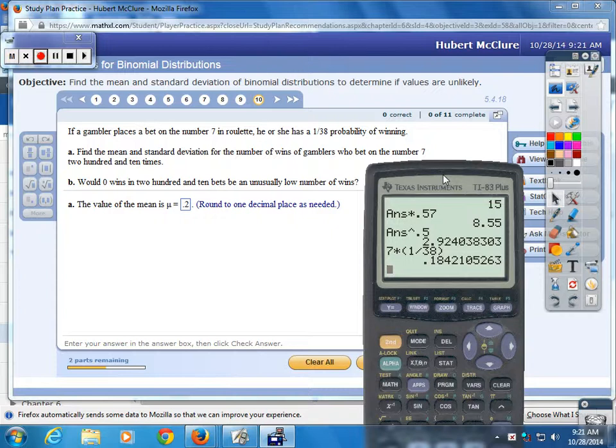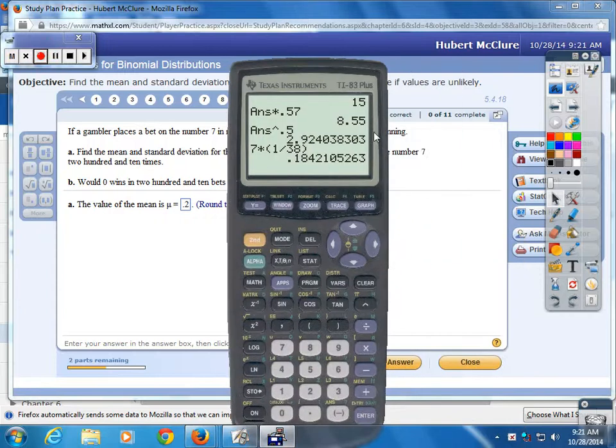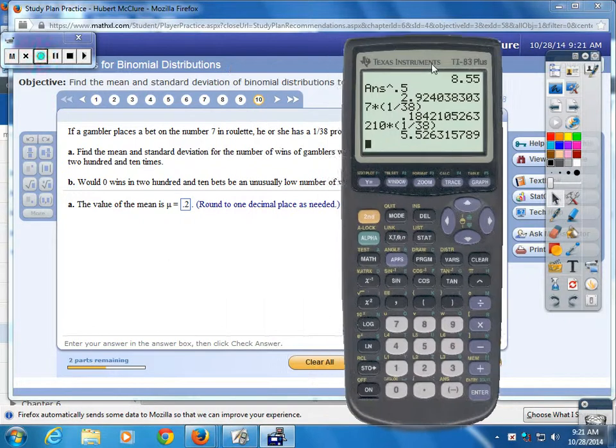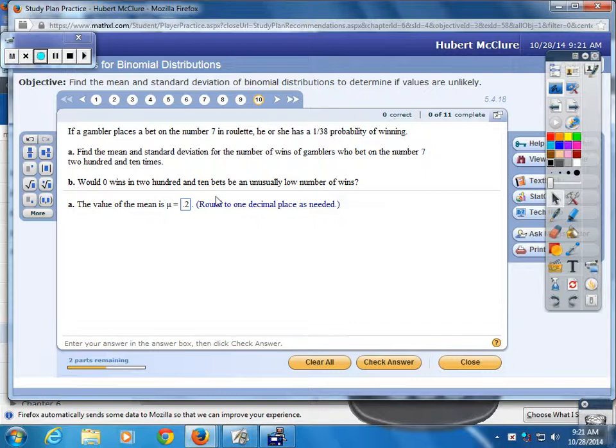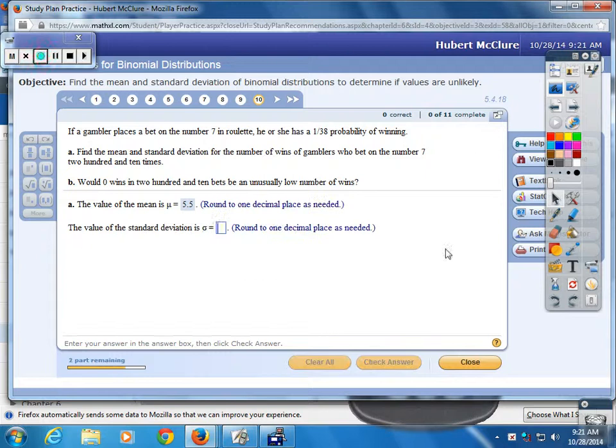I'm sorry, I didn't even see that. So that'd be 210 times 1/38. My bad. So second function, entry, insert 210, delete, and enter. I get 5.5. Is that what y'all got? 5.5. And check answer. And now you've got a decimal.